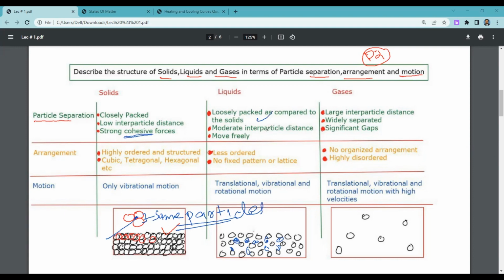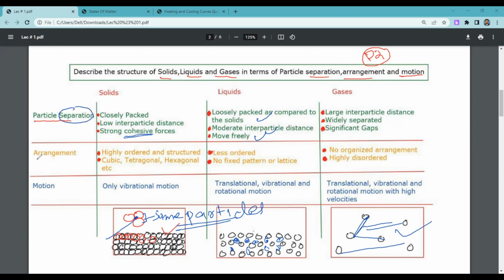They have moderate interparticle distance and they move freely. While in gases, they have large interparticle distance. Therefore, they don't have an ordered structure and they have significant gaps among them. They are widely separated. This is separation.